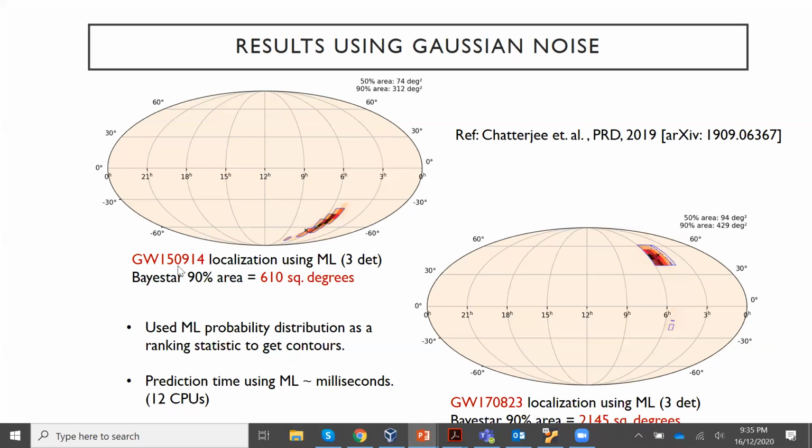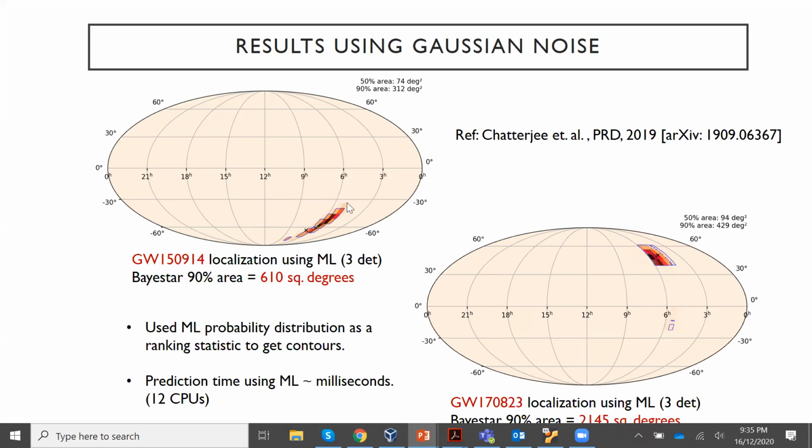And BAYESTAR, which is LIGO's online localization pipeline, had 610 square degrees. However, this is of course not a fair comparison, because we assume that we are injecting signals in Gaussian noise, which is not the real scenario. And the main advantage of this approach is that we are able to make this prediction in milliseconds using just 12 CPUs, which is orders of magnitude faster than any other technique.